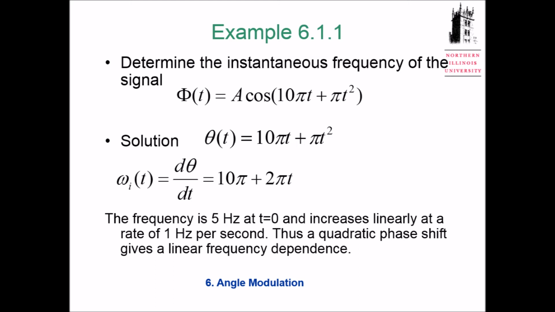So we get theta. Then the instantaneous frequency is the derivative d theta dt, so we have 10 pi plus 2 pi t. This is my instantaneous frequency. We can find it's linear in time.